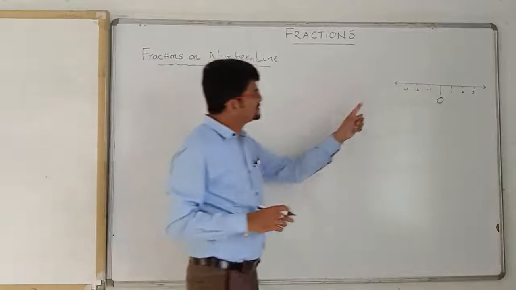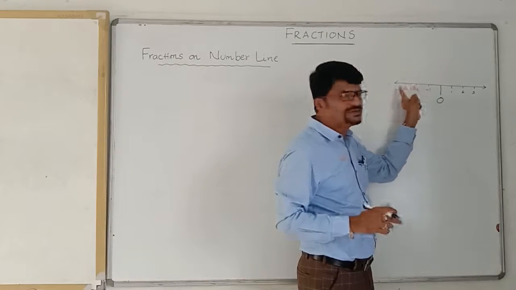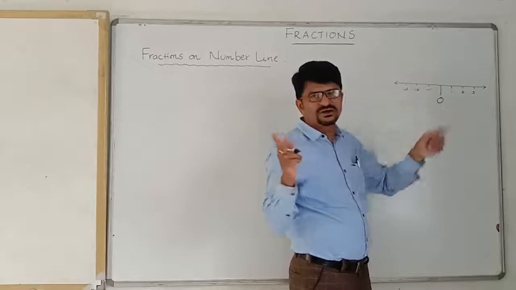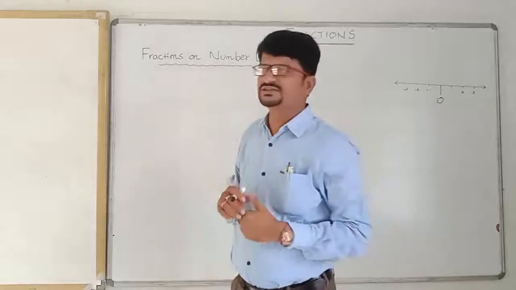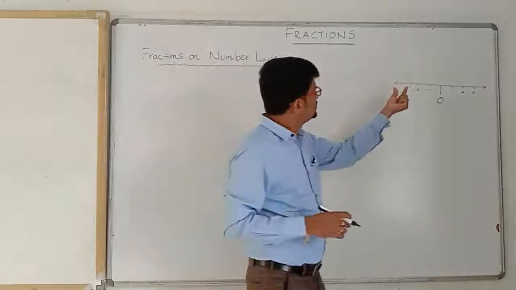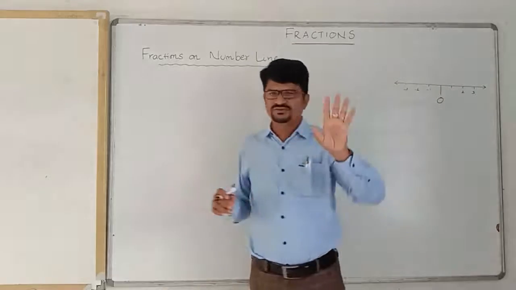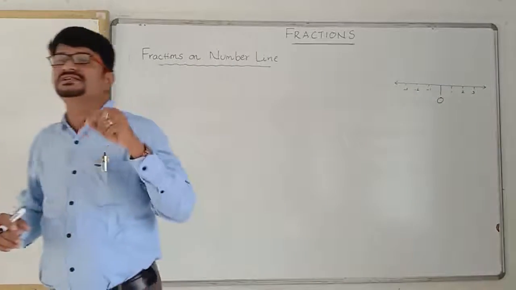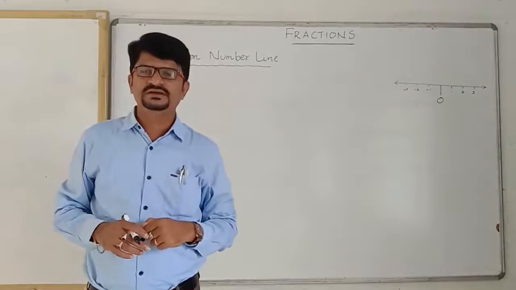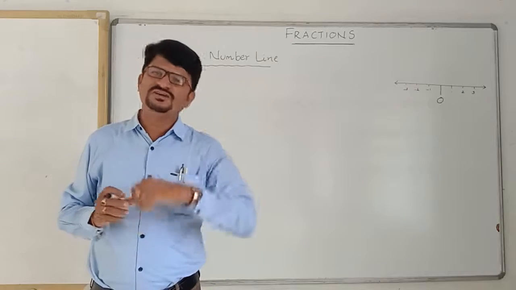Now here this is the number line. The distance between two consecutive numbers is called 1 unit. Here all the distances are 1 unit. But normal fractions are always less than 1.